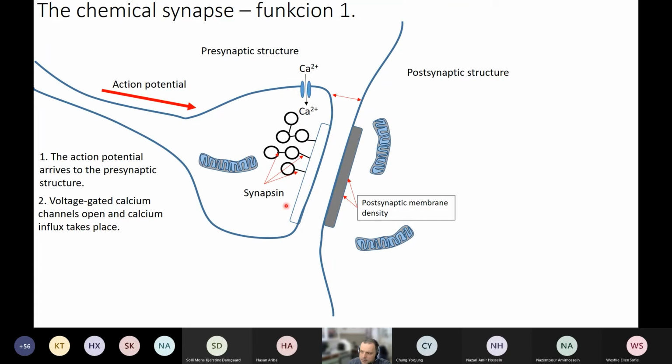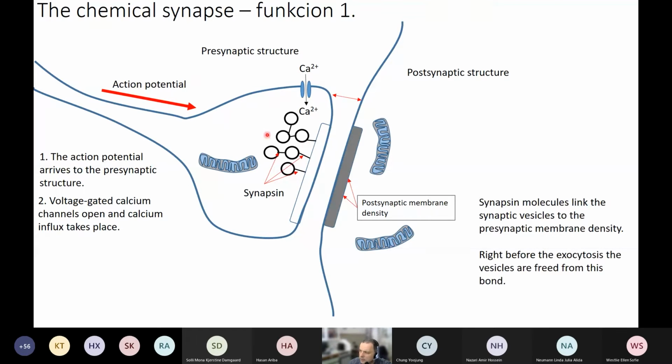And because this happens, the calcium has several effects, and one could give a talk alone about this. But just to make it short, the calcium has one effect, that it will release the synaptic vesicles from their bond. They are bound to so-called synapsin molecules.